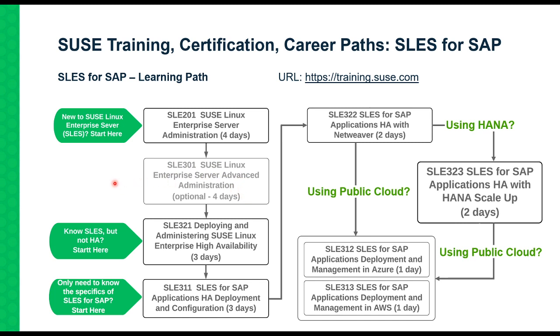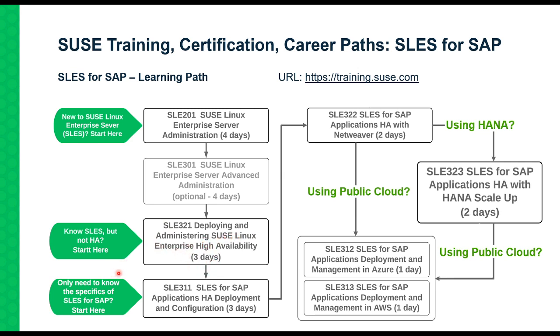For the SLES for SAP path, this is not a requirement, but it's definitely recommended, and it's only optional though. Then you will follow the path going to the SLE 321, which is deploying and administrating the SUSE Linux Enterprise High Availability. You need to know that. That takes you 3 days.